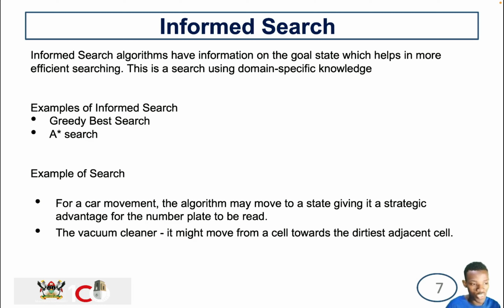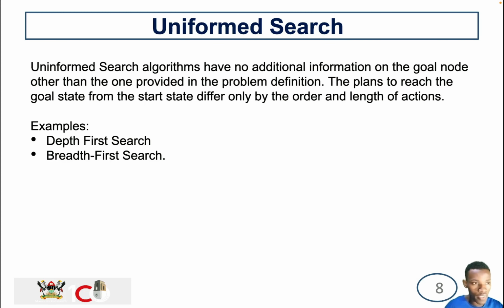An example is maybe a vacuum cleaner, which may move from cells towards the dirtiest adjacent cell. Then also for car movement, the algorithm may move to a state giving it a strategic advantage for the number plate to be read. Then the other, we have the uninformed search, which has no additional information on the goal node other than the one that is provided in the problem definition.